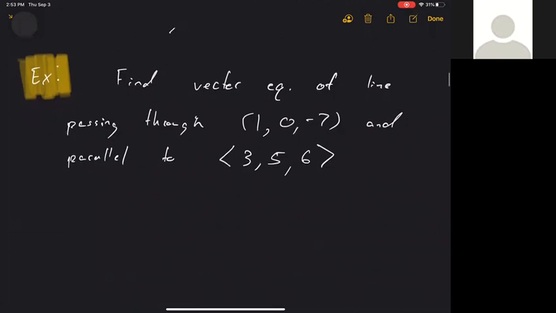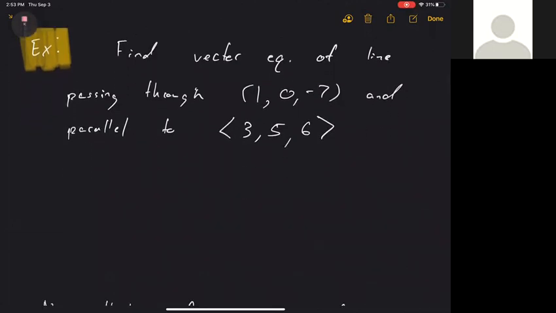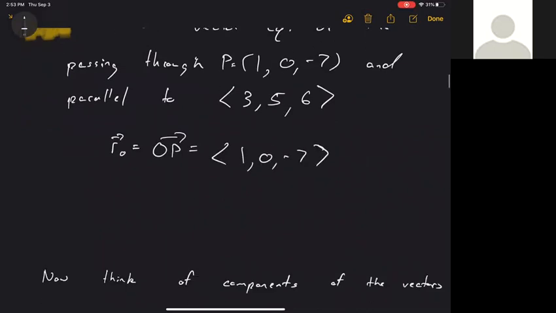Okay. Now, there's a couple ways I could write this. I could say, all right, let's let r0 equal the vector, what, origin, if this is p, that, which is equal to that. I could write that r0 like that.